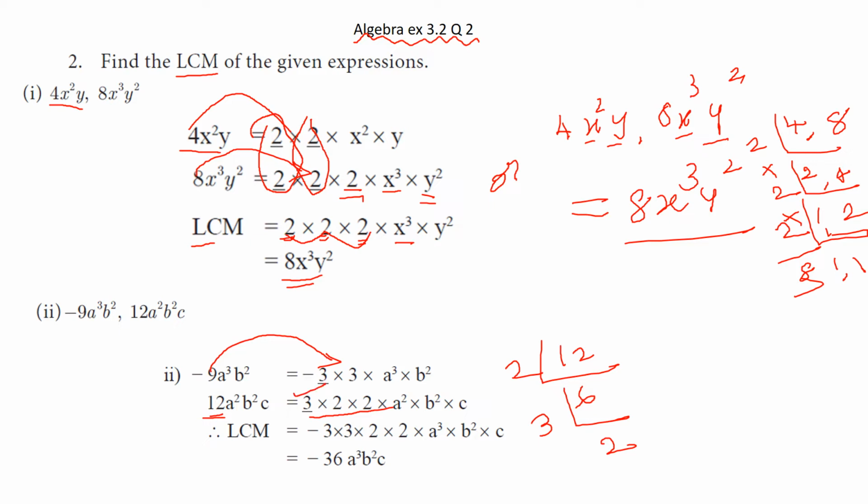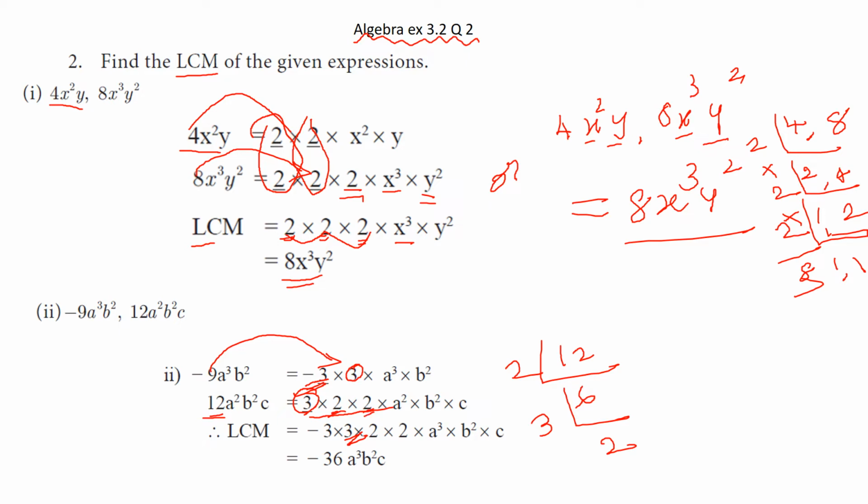So LCM, first 3. So minus 3 into 3 is there. So here first common, here one 3, here one 3. Take one common 3. And here the separate numbers, that is minus 3 and 2 into 2. So minus 3 into 3 into 2 into 2.